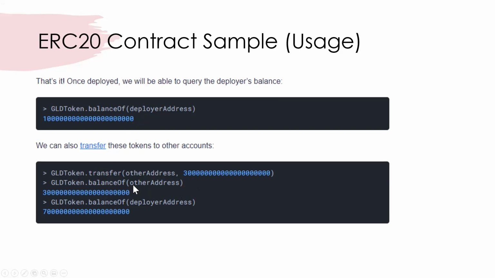So you transfer, check the balance, and you can also check the balance you have left. Essentially you're taking from your balance, transferring to a different address, and then checking your balance. That's what this is doing.